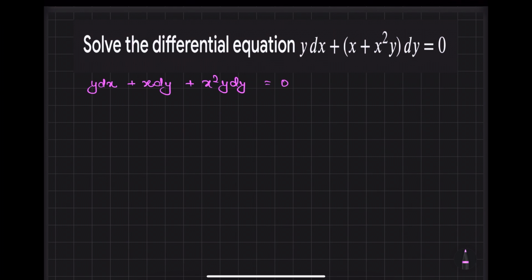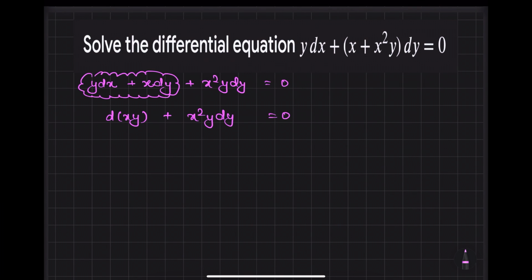Don't look at this last part. According to you, who is this? This is differentiation of xy. Correct or wrong? We get the uv idea: first function into differentiation of second function plus second function into differentiation of first function. Then we have x square y dy equals to 0.